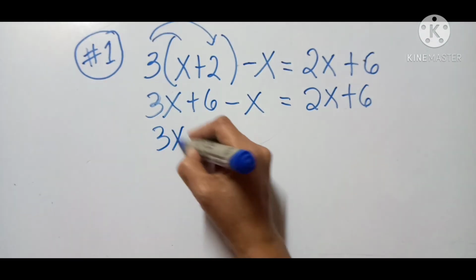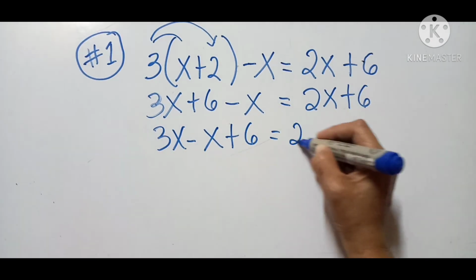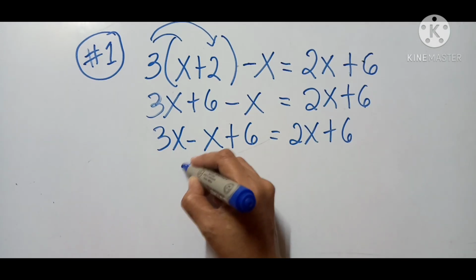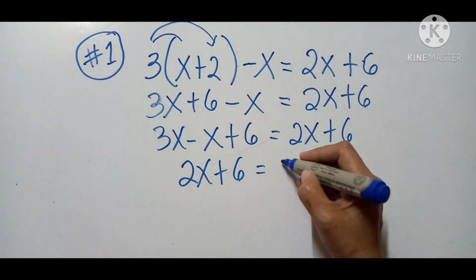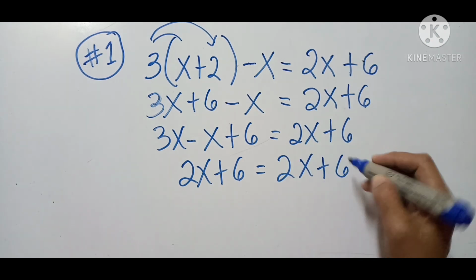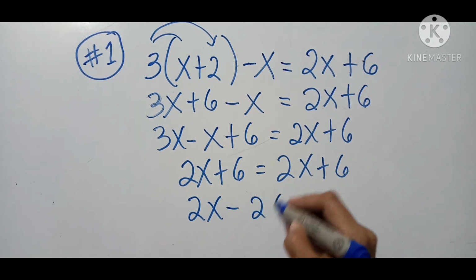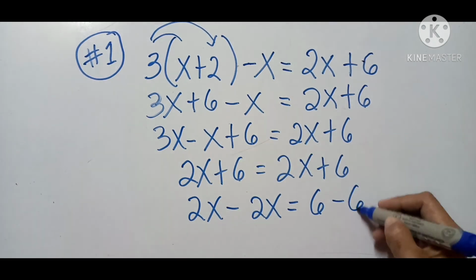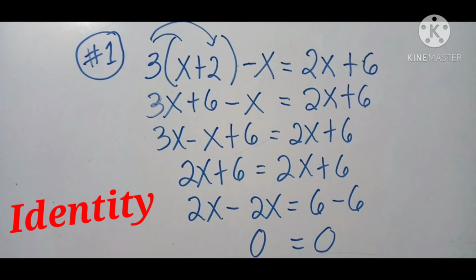So 3x and negative x are like terms. 6 is a constant. 2x plus 6, as the sum of 3x minus x. Copy the plus 6. Then copy again the rest. Let's do transposition so that we can combine the like terms. From positive to negative. So both the left and right ended up with 0. And that is an identity.